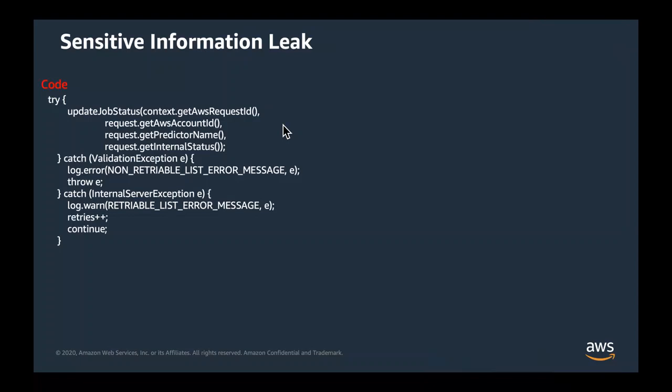So here's an AWS API, update job status, and it can take a number of parameters. Update job status may result in an exception, so we're catching those, and that's good. But one thing is that one of our parameters is the result of get AWS account ID.